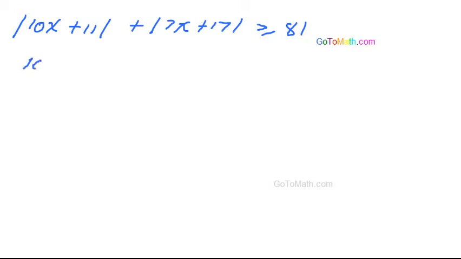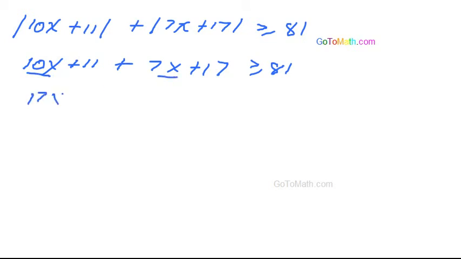So we have 10x plus 11 plus 7x plus 17 is greater than or equal to 81. So we're going to collect up some like terms. So this is going to be 17x plus, and then we have 11 and 17 is 28, I believe.